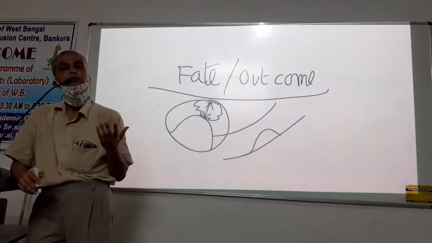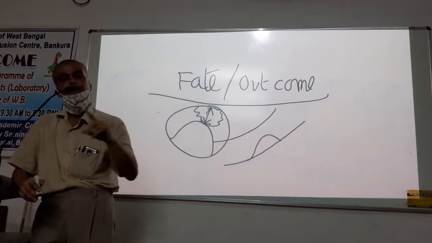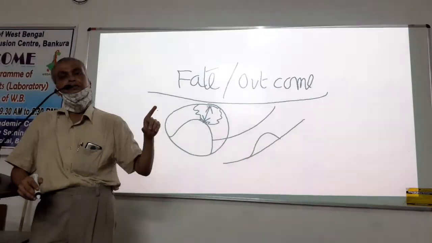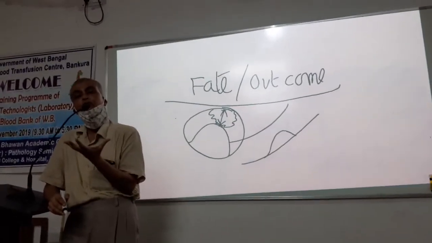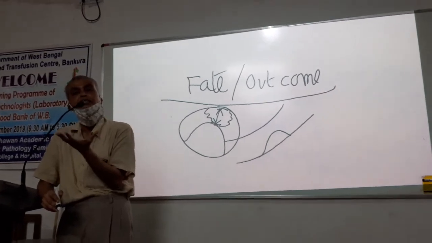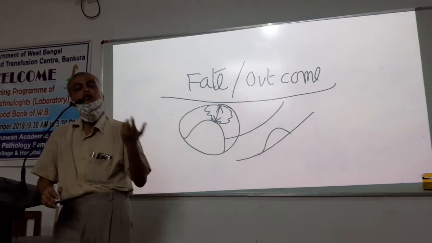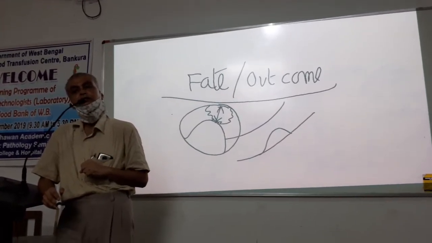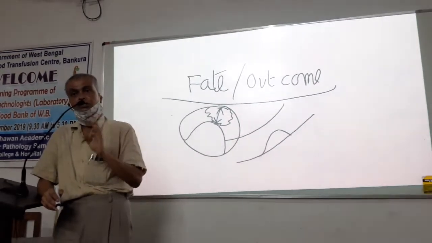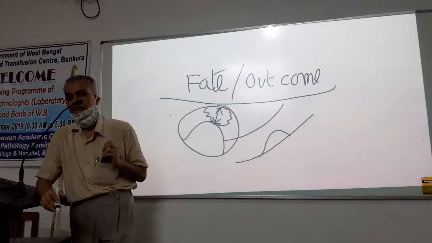What is the problem? Whenever there will be plaque rupture, plaque fissuring, plaque erosion, then there will be exposure of the subendothelial collagen. So that will give rise to a clot formation, a thrombus formation, which will rapidly occlude the blood vessels. So these are the acute changes that can occur within a plaque.